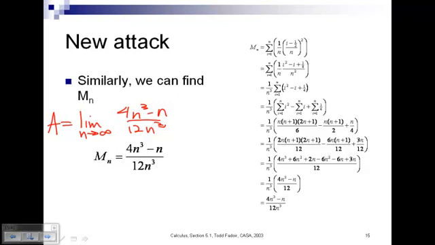When n gets really big, this minus n doesn't matter. Essentially you have 4n cubed over 12n cubed. And what did you say, Phil? 1/3. This is just 1/3. So when I use MRAM with an infinite number of rectangles, I say that the area is 1/3.